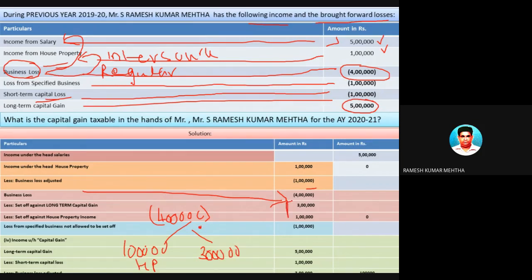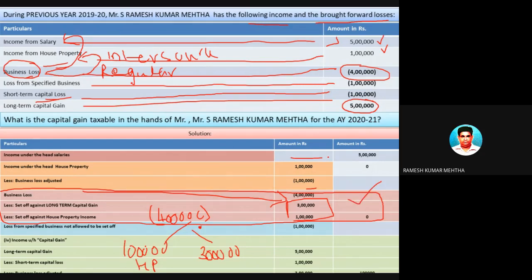That is what has been precisely done, and hence, if you look carefully, the income from business is zero. So income from salary is 5 lakhs, income from house property is zero.